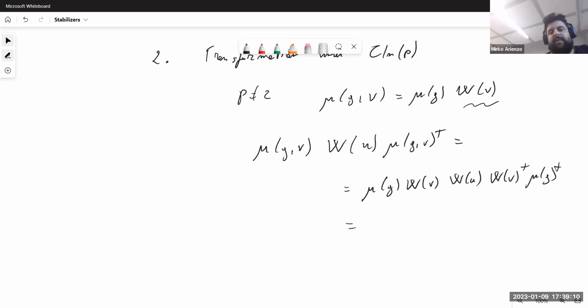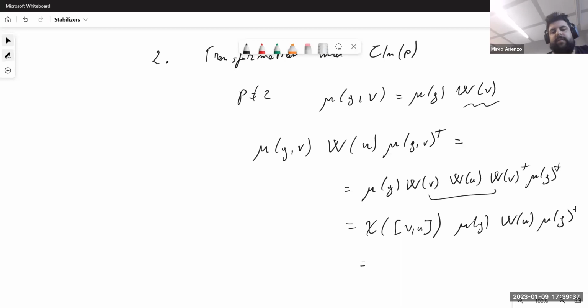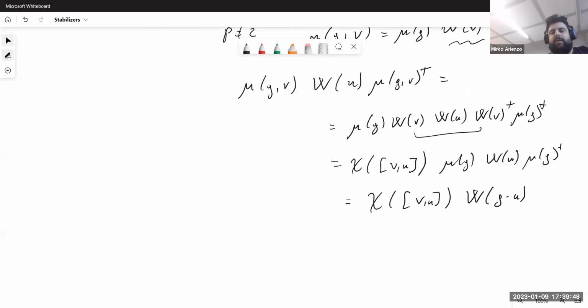And then this action here is just the character, and then you have V U. This is one of the properties of Weyl operators. And now we have mu of G W of U, mu of G dagger. And then you are done, because now this is just the character, and then this is W of G U by definition of the action of mu on Weyl operators.